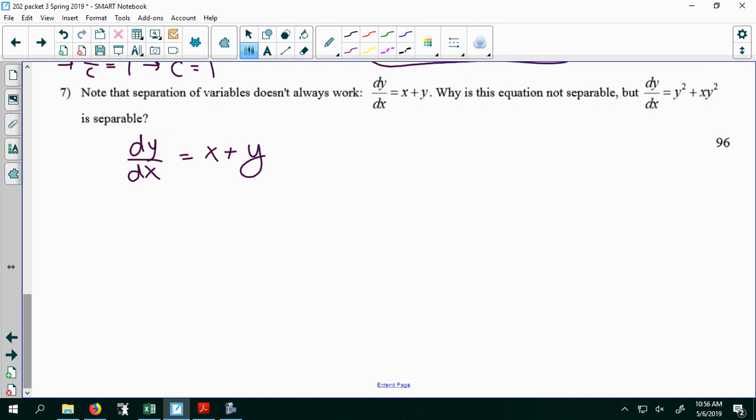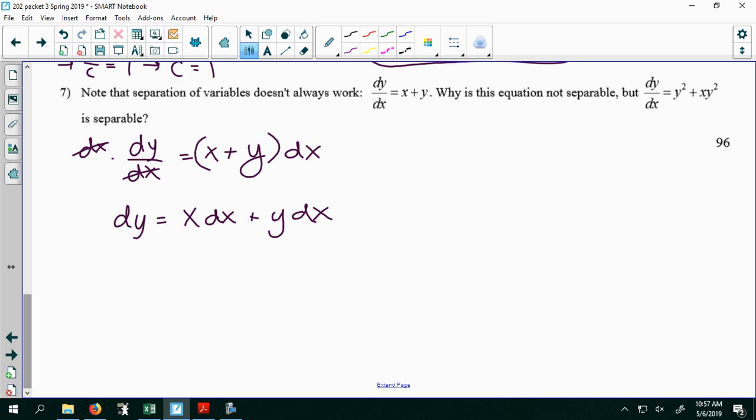Before we wanted all the x's on the right, we'll try to get the y's on the left. So I started by moving the dx over. If I multiply both sides by dx, these cancel. dy equals x dx plus y dx, right?